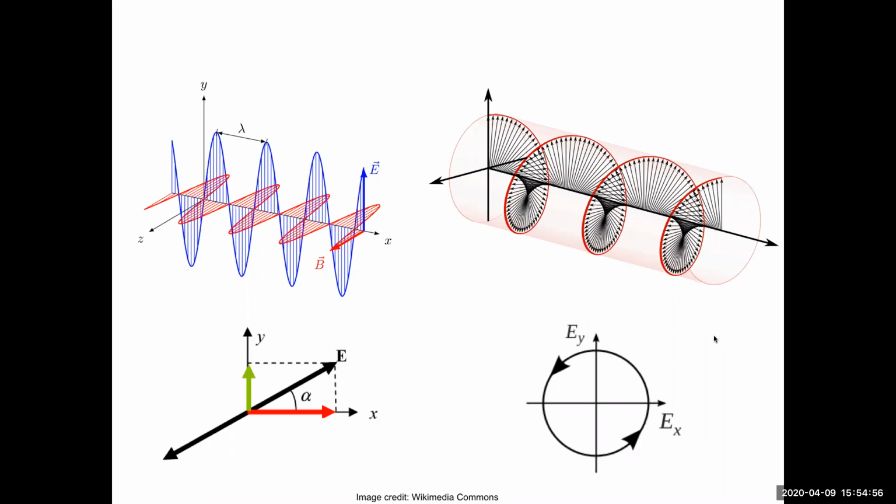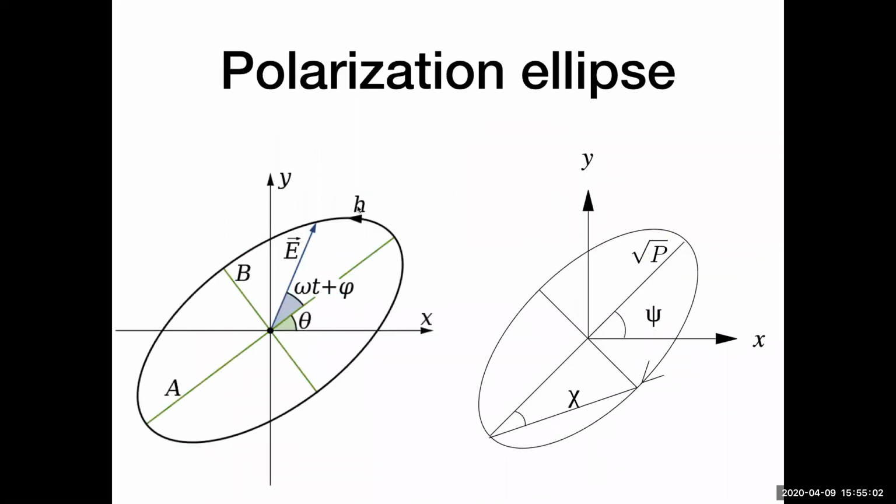In the most general case, we end up with an electric field that traces out an ellipse. Over the course of one wavelength or one period, the electric field will trace out some shape that in general is defined as an ellipse. You can have special cases of this, for example, where the width of the ellipse is 0.